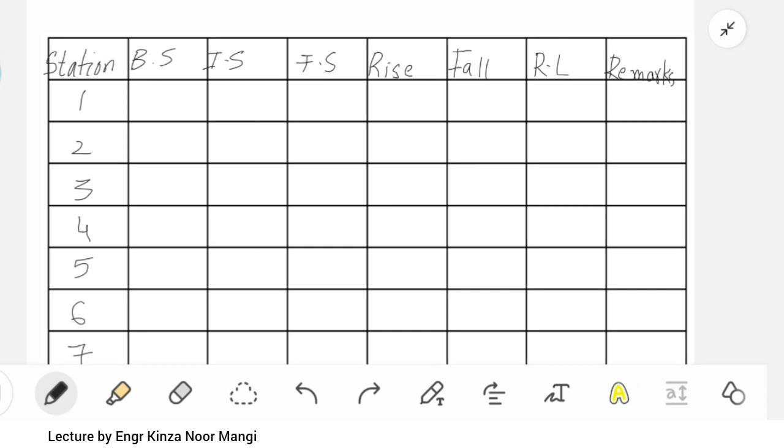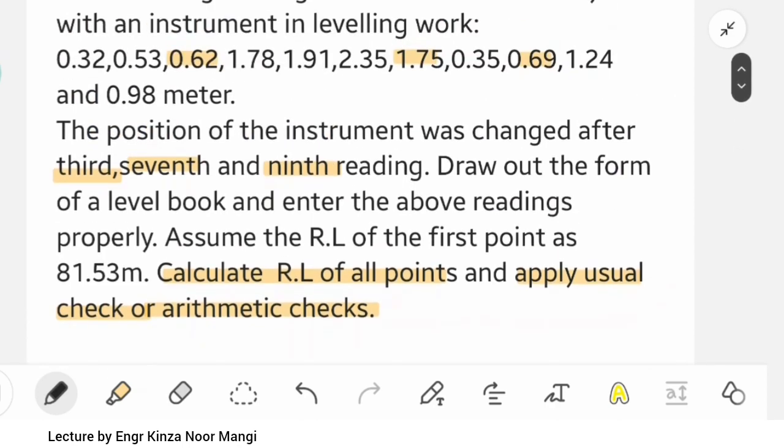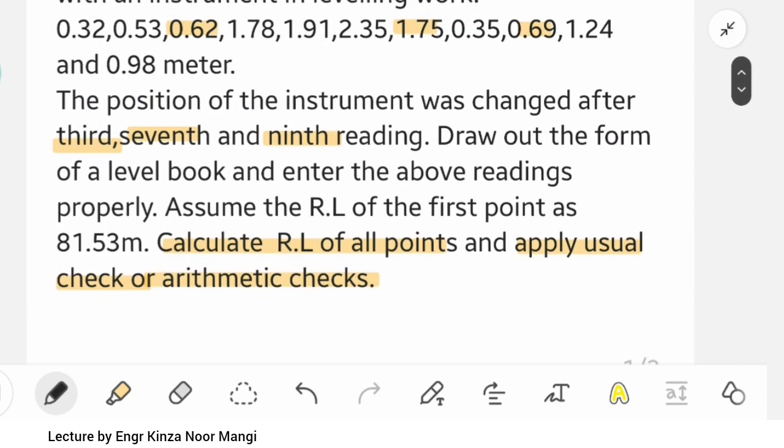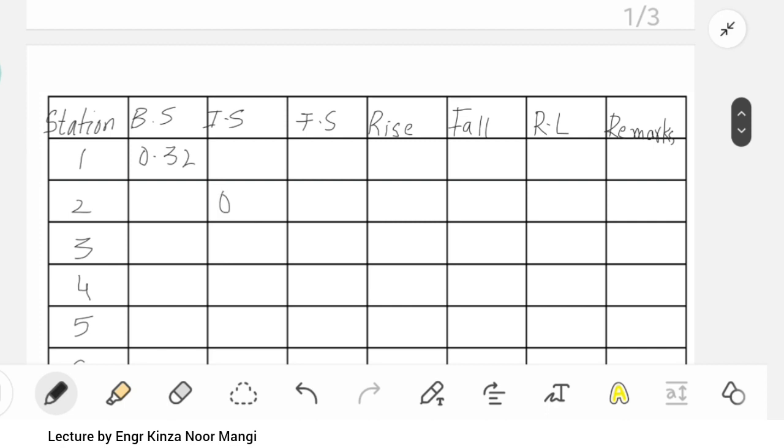As I mentioned earlier, the backsight is the first reading, and whatever readings come in between the first and last reading from the instrument will be counted as intermediate sights, and the last reading will be known as the foresight. So from the problem you can see 0.32, then 0.53 and 0.62. 0.53 is the intermediate sight and the foresight is 0.62.